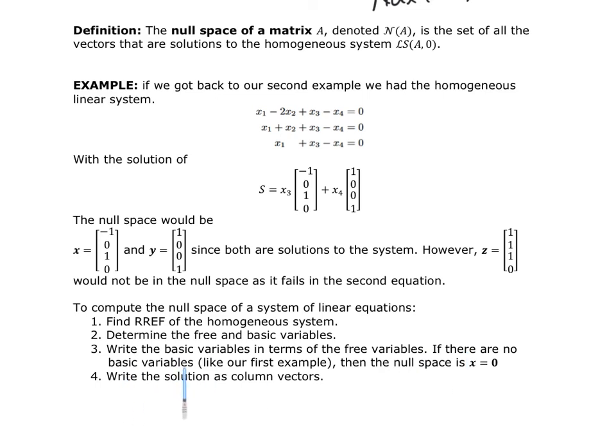If there are no free variables, like in our first example, then the null space is the 0 vector. In this example, my null space would be negative 1, 0, 1, 0, and 1, 0, 0, 1, because those are the solutions in terms of the free variables. And then we just write them as column vectors, and that's it. That's it for now.